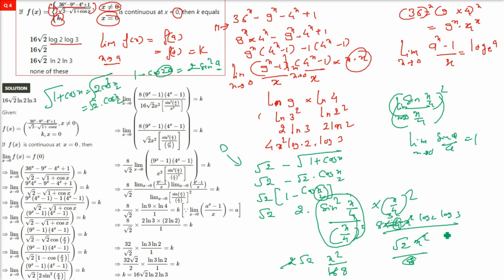So 32 log 2 log 3 divided by root 2. So multiply numerator and denominator by root 2 just to eliminate root 2 from the denominator. So root 2 will give you 2, and 2 16s are 32, so it will be 16 root 2 log 2 log 3. Now the option is exactly matching with it, and that is going to be your answer.